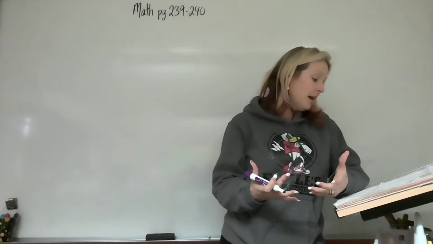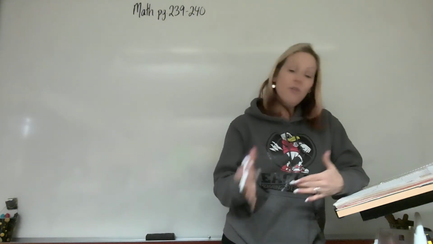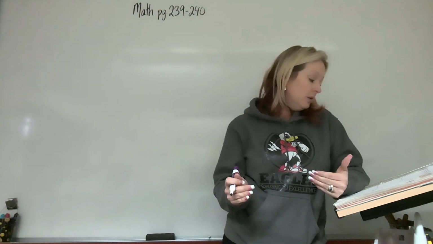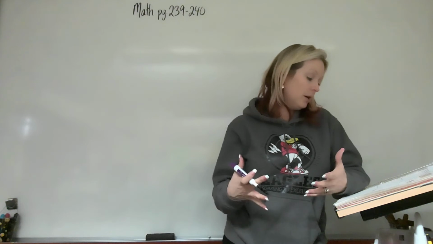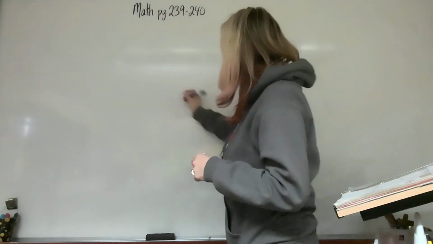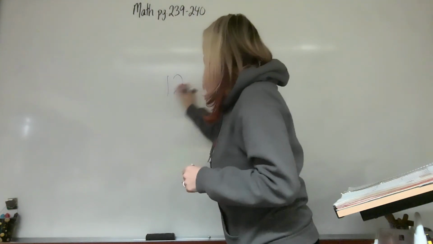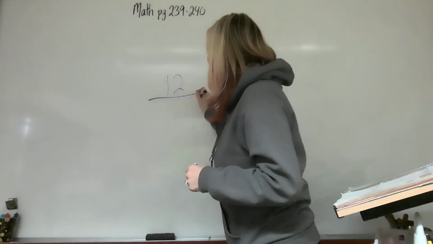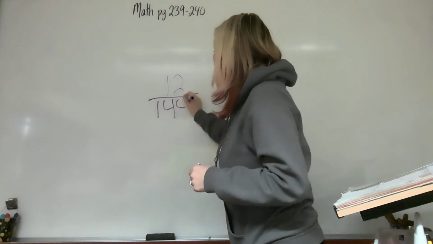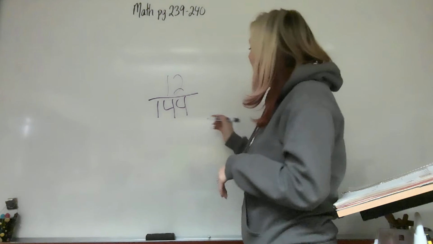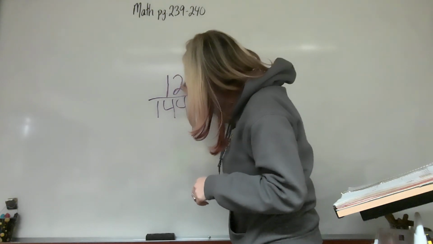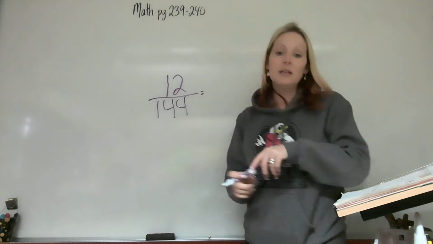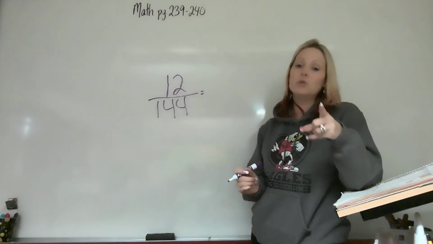But what you should have done is you would have read 12 inches is part of 144 inches. Okay, what part, right? So we would say 12 over 144, right? Then I would take a look at my number, and if you guys are good at 12s, awesome.